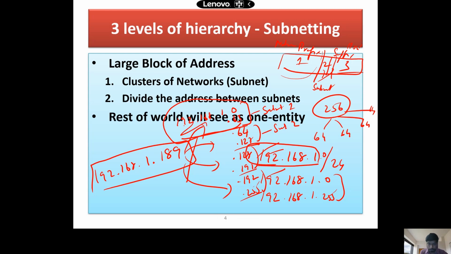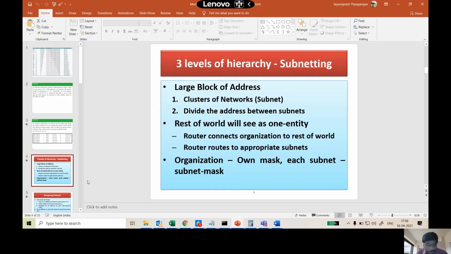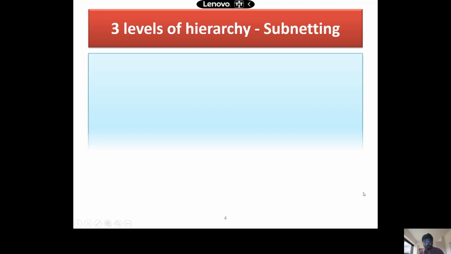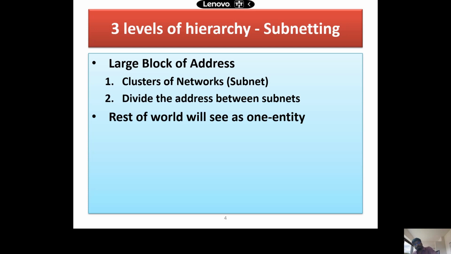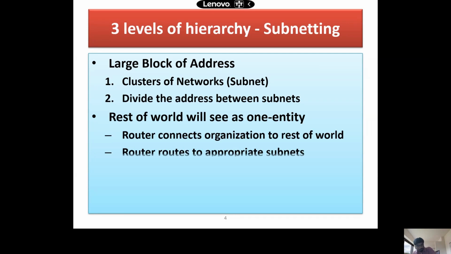So let's go on and look at the cases that are coming in. As I told you, you have a larger block, and the entire world only knows that it's basically a city. Now inside that you have split it into several subnets. Then you need to know in which interface it has to go. That's something the routers which connect to different subnets will try to do. So we have to have the router interface.